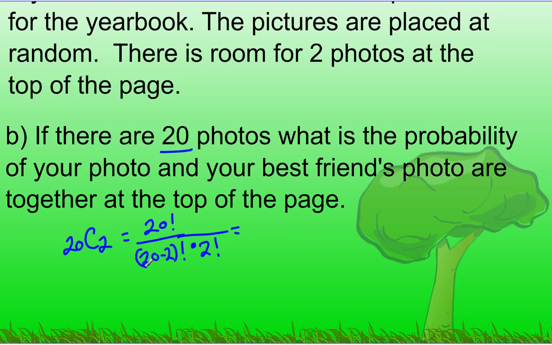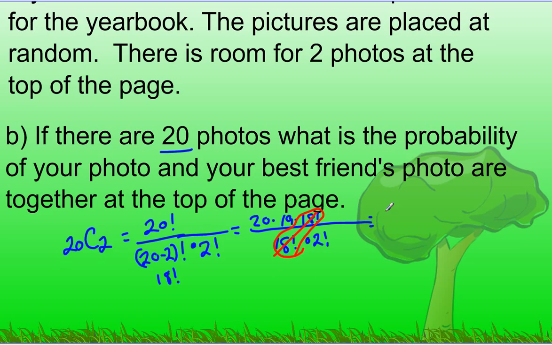So again, I'm not going to write out the whole thing because I'm going to work smart instead of work hard. So 20 factorial is 20 times 19 times 18 factorial. 18, 17, 16, 15, 14, 13, 12, 11, 10, 9, 8, 7, 6, 5, 4, 3, 2, 1. Over 18 factorial times 2 factorial. Well, my 18 factorials are going to cancel. Boom.